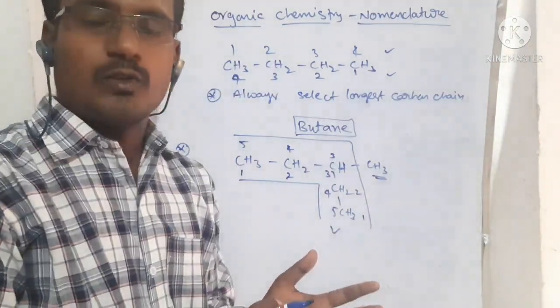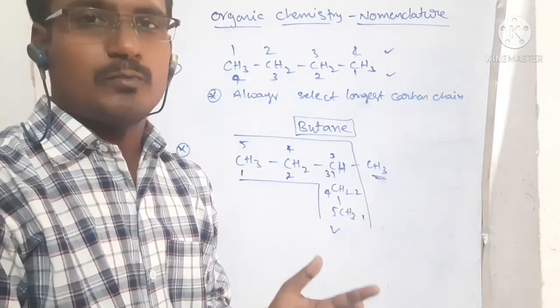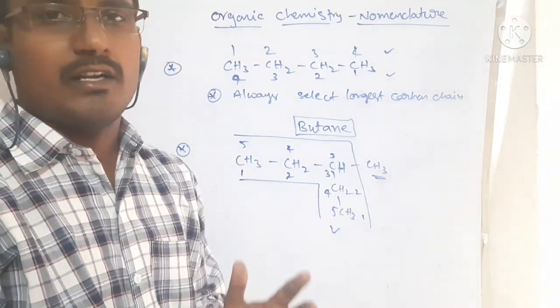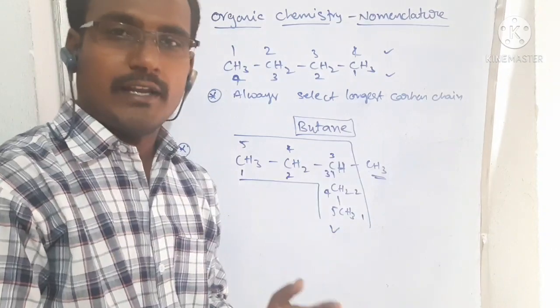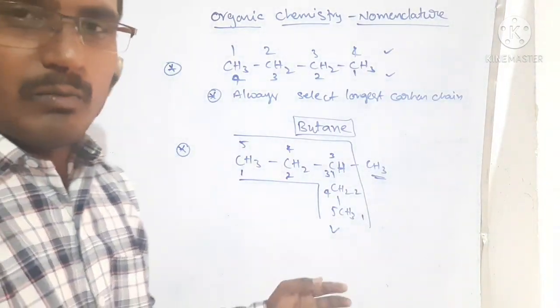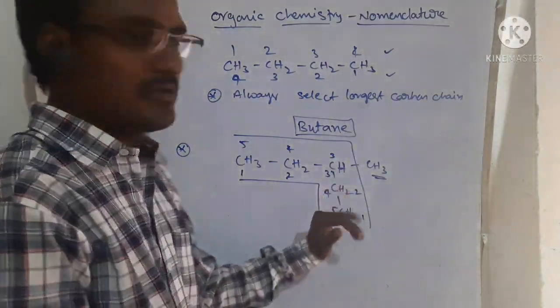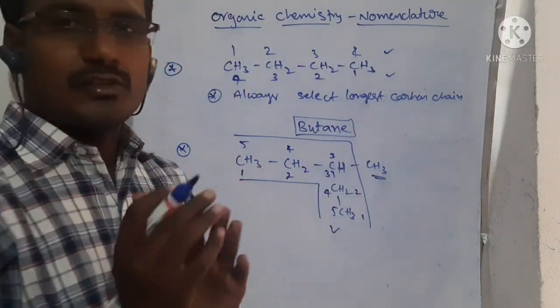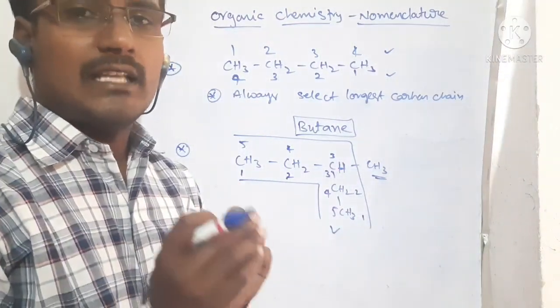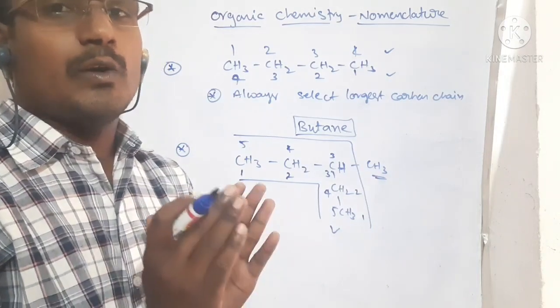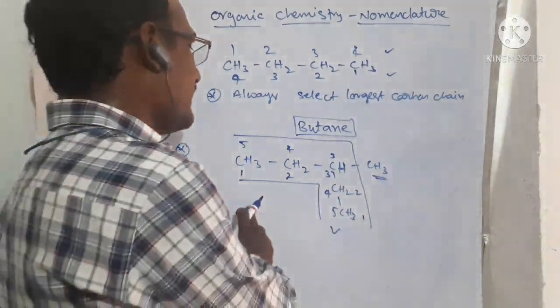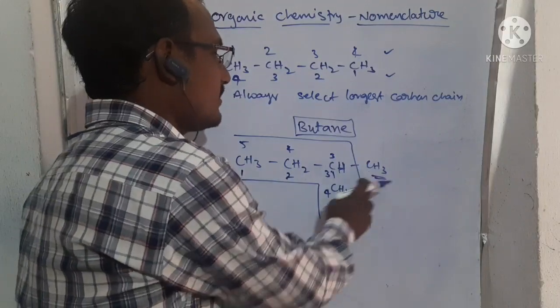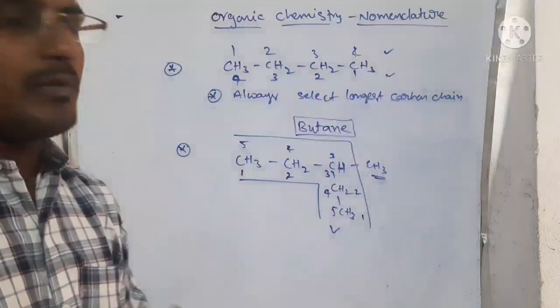Either it is a functional group or methyl group or ethyl group, OH group or aldehydes or ketones or fluorine, bromine, chlorine or double bonds or triple bonds, all are substituents, right? The substituent is in the third position. Always you should look that the substituent gets the lowest position. So in both cases the substituent gets the third position. So no problem at all.